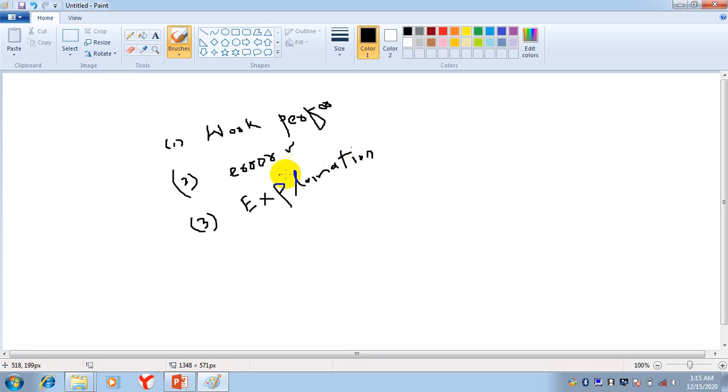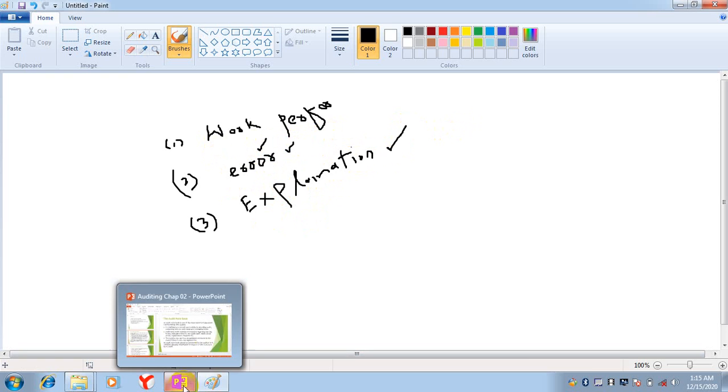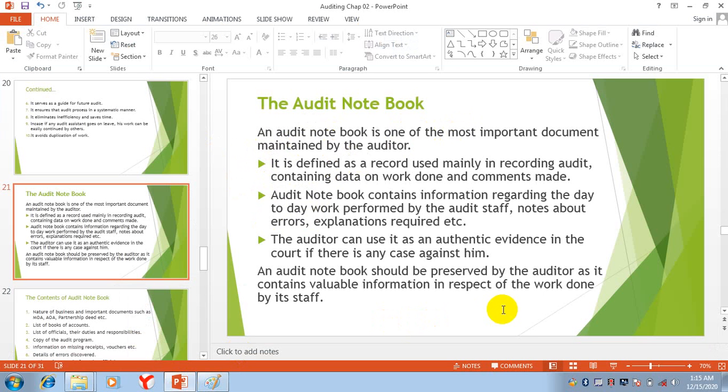I'm not talking about the audit staff. I'm talking about if somebody made the error, somebody made the fraud, we will call for explanation, and we record in this notebook that we will call for this explanation. So this is the audit notebook.